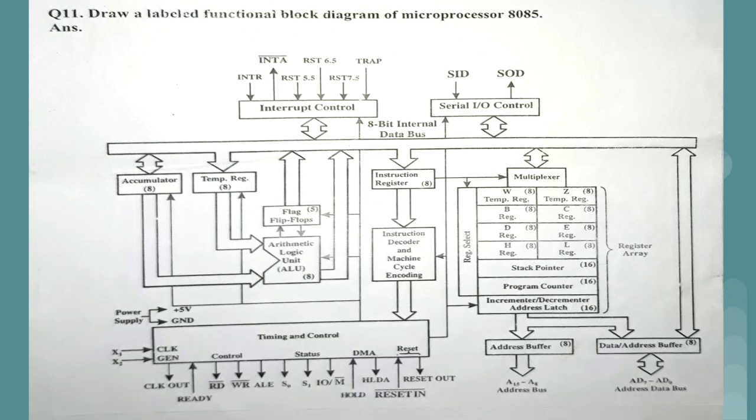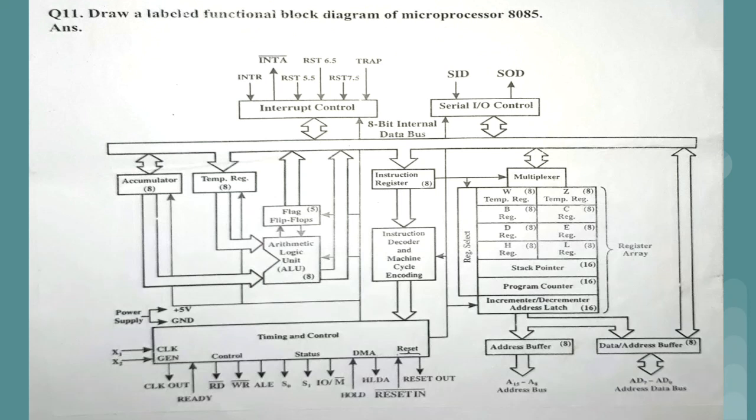It will take so much time to draw, and within that time you can even attempt 2 more questions. As this diagram is in our syllabus, I am explaining it, but my honest suggestion is to skip this question, and again the final decision is totally up to you.